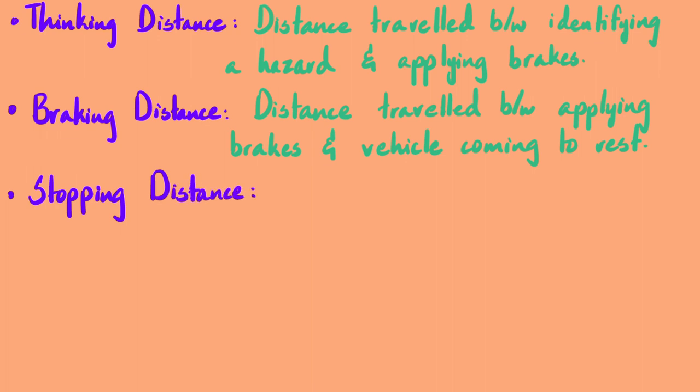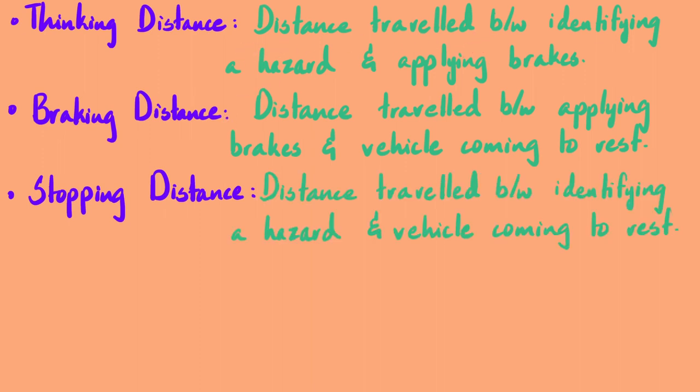And the stopping distance we know is the sum of the thinking distance and the braking distance. So this is all from the start to all the way till the end. So this is the distance traveled between identifying a hazard till it actually coming to rest. So this obviously includes a part of the braking in the middle too.